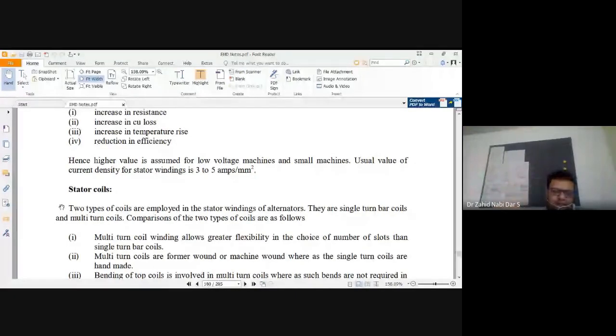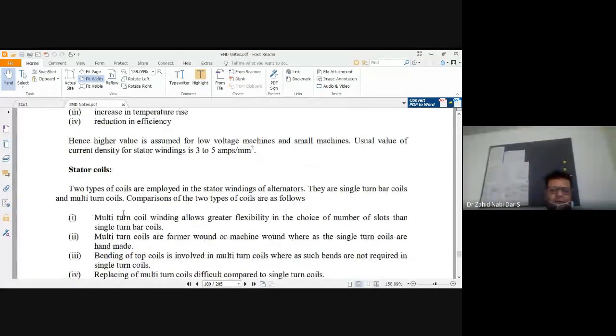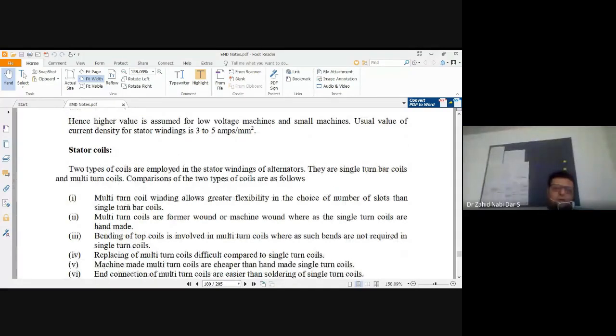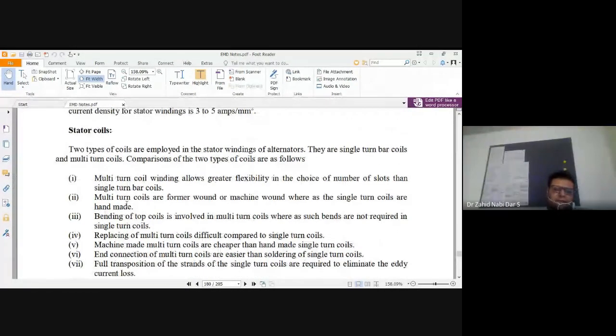Apparently, your synchronous motor is a doubly fed machine. So the types of coils it will be encountering are given here. Primarily there are two types of coils employed in the stator windings of an alternator. Number one is single turn bar coils, and the other is multi-turn coils. Multi-turn coil winding allows greater flexibility in the core and the number of slots compared to single turn.